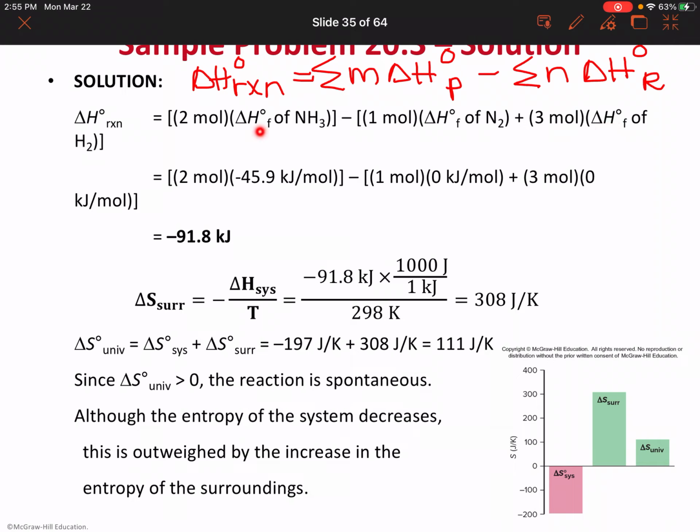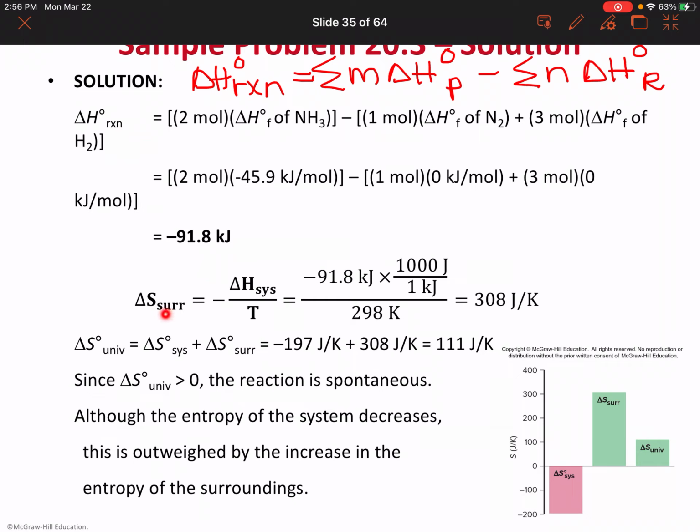So formation for ammonia is negative 45.9 times 2. Nitrogen, it's a gas, 0. Hydrogen, also a gas, is also 0. So basically 2 times negative 45.9, so the enthalpy of the reaction is negative 91.8.